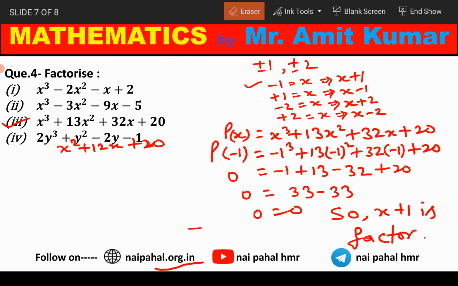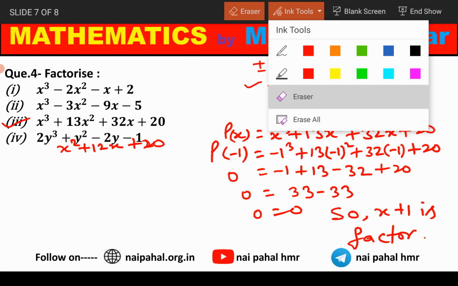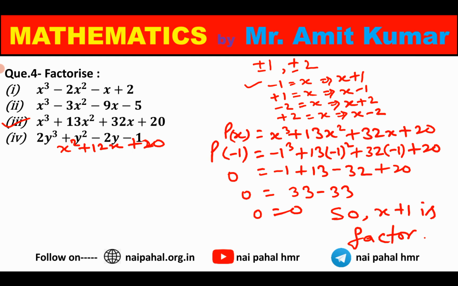It should be equal to 0. Square of minus 1 will be 1, so it will be plus 13, 32 will be minus, and hereby we will have plus 20. If we add the positive integers, this will be 33, and if we add the negative integers, then it will also be 33. So we get 0 equals 0. So x plus 1 is a factor.